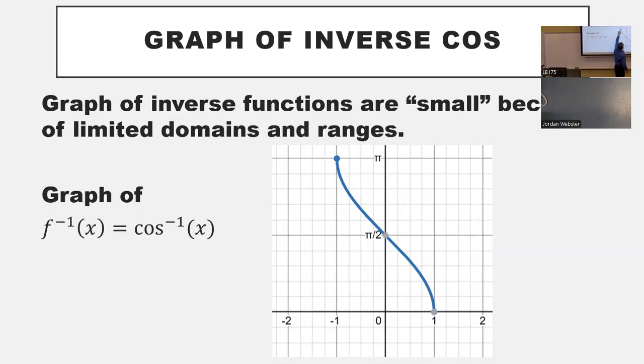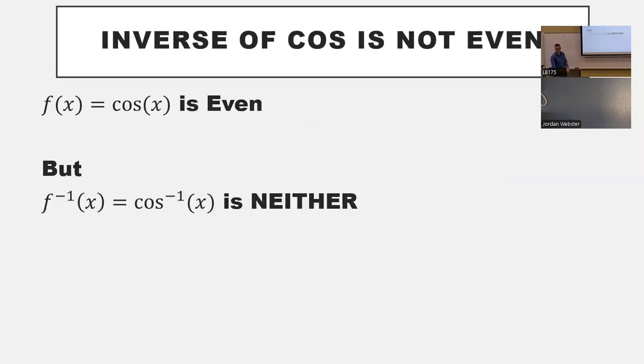Like -1 pi reflected across the y-axis would be +1 pi. That's not on my function. So if I reflect across the x-axis or the y-axis, I don't get my function back with the inverse cosine. And that means while we saw cosine was even, inverse cosine is neither even nor odd.